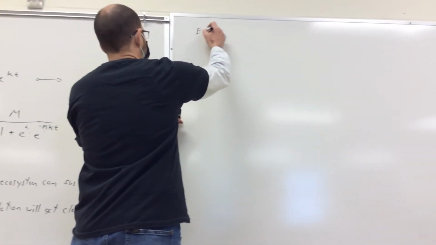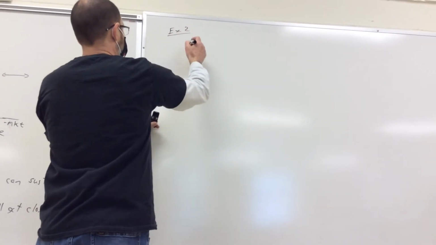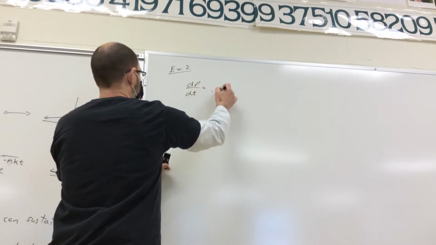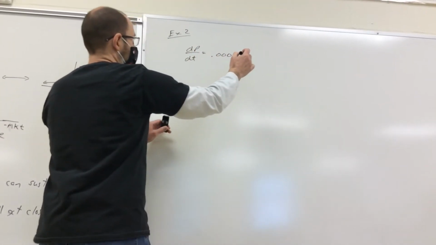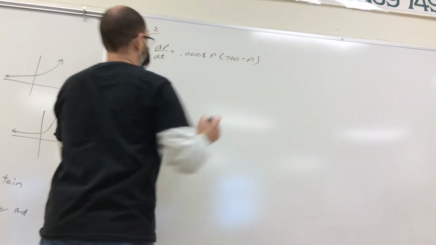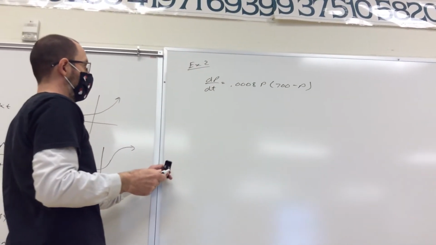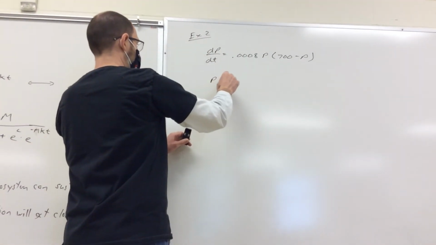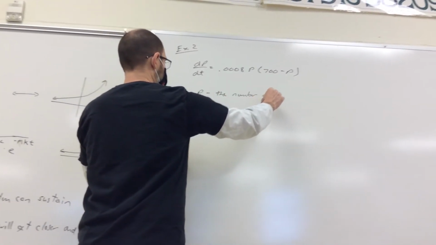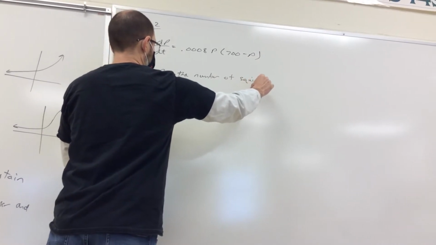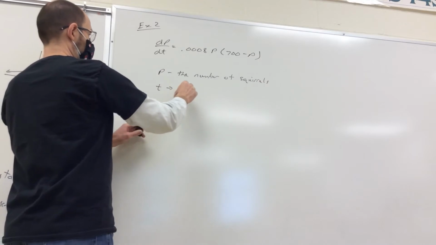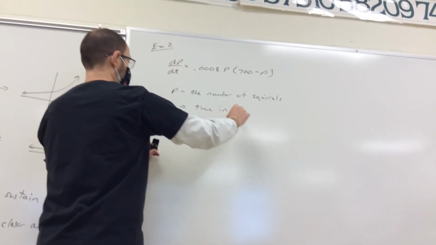Okay, so now we'll look at this question. For this question, dP/dt equals 0.0008 P times (700 minus P). And P is the number of squirrels, and t is the time in months.